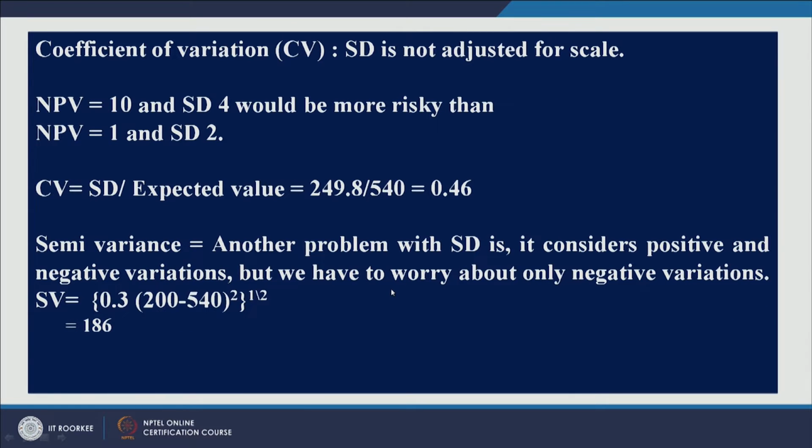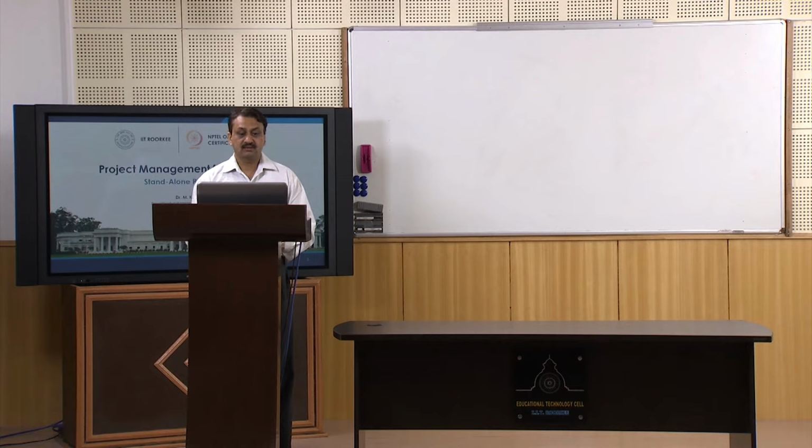Now, the other measure which we have seen is the coefficient of variation. Actually the problem with standard deviation is that it is not adjusted for scale. So, to compare two projects, we will calculate the coefficient of variation, which is the ratio of standard deviation to mean.